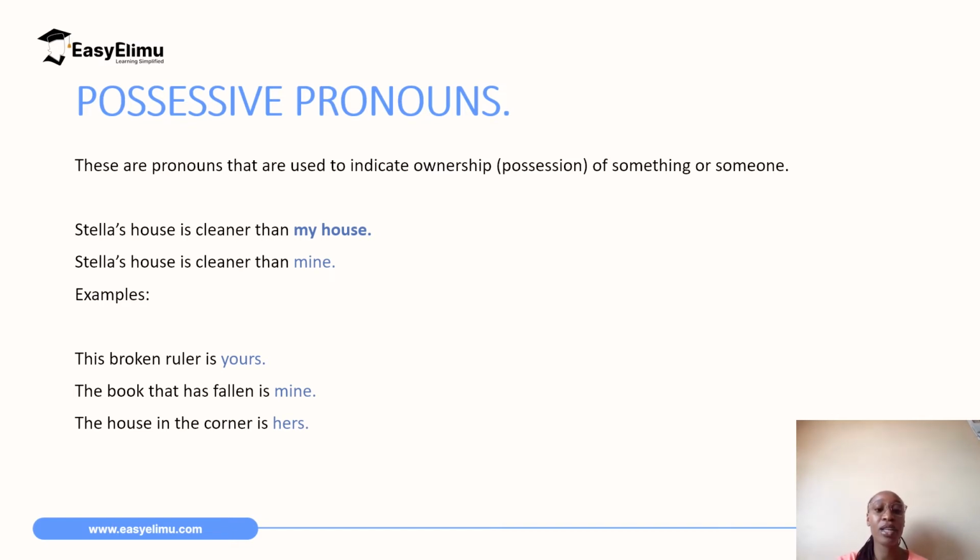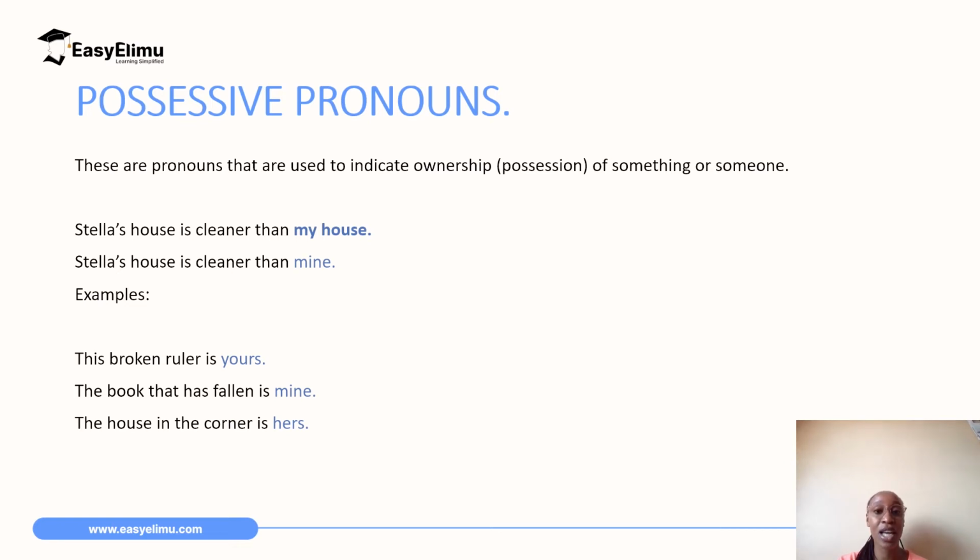The broken ruler is yours. Instead of saying the broken ruler is your ruler, you say the broken ruler is yours. Yours is a possessive pronoun. It shows that you possess or you own that particular ruler. The book that has fallen is mine.